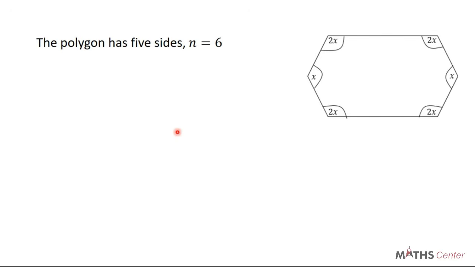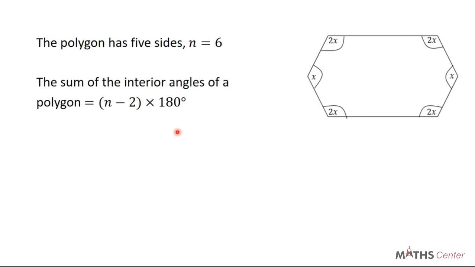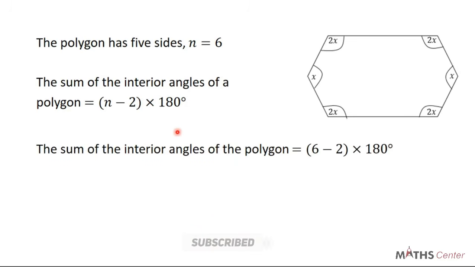We know that the number of sides is 6, as I've said, and the sum of the interior angles of a polygon is given by n minus 2 times 180 degrees. So this is going to give us 6 minus 2 times 180 degrees, which is 720 degrees. So it means that the sum of the interior angles of this polygon is 720 degrees.